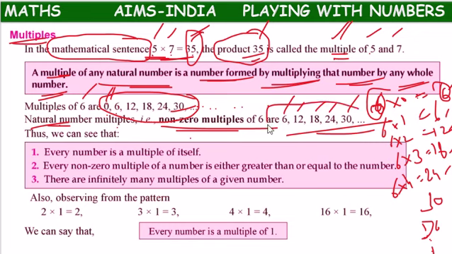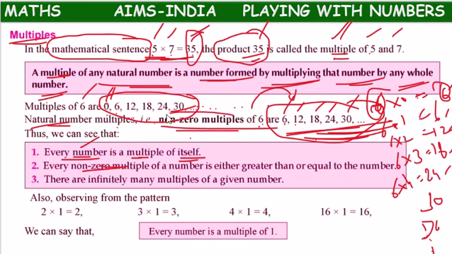If you observe this, the multiples of 6 start with 6. Means every number is a multiple of itself. And what is the nature of all the multiples? They are equal to 6 or greater than 6. Here we mean non-zero multiples, not 0, since 0 is less than 6.